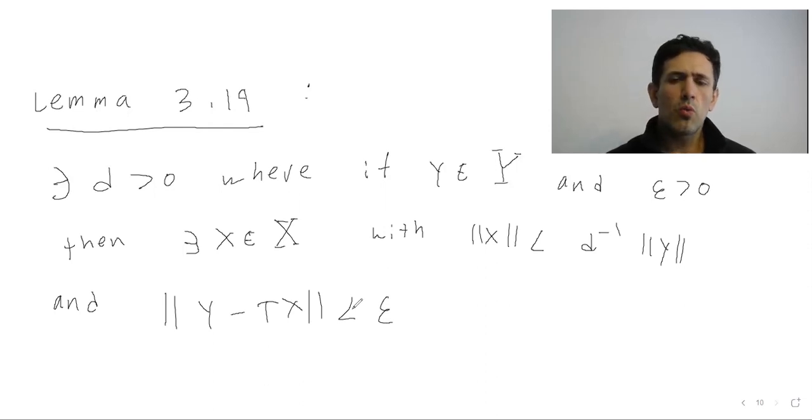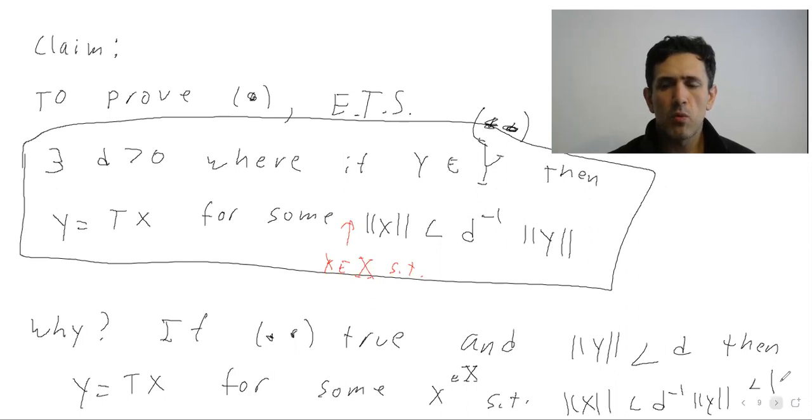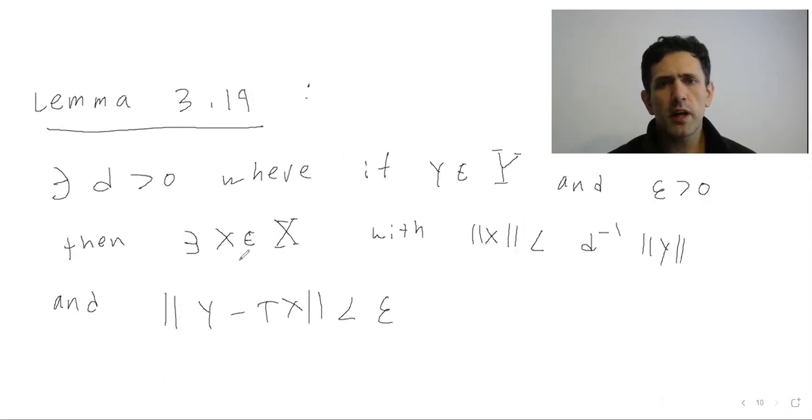Okay, so you might think, well, what would be a good proof strategy for this here? Well, really x depends on epsilon, so you could say, here's x epsilon, or better yet, let's take epsilon to be 1 over n, so we get, what would we get?